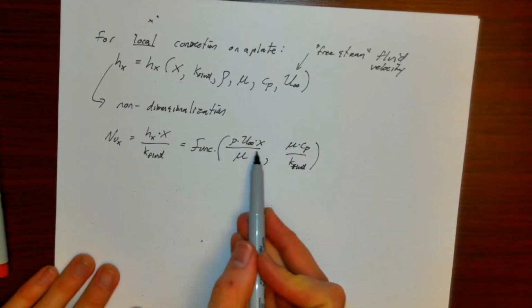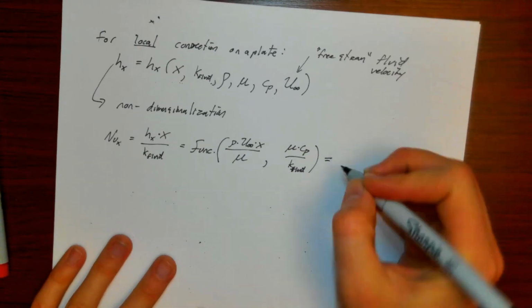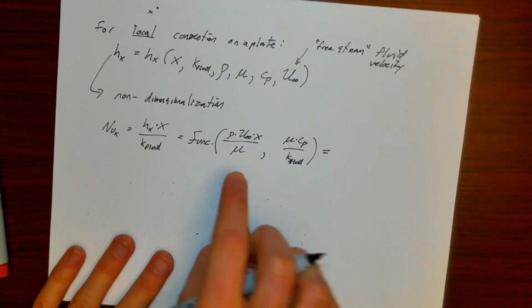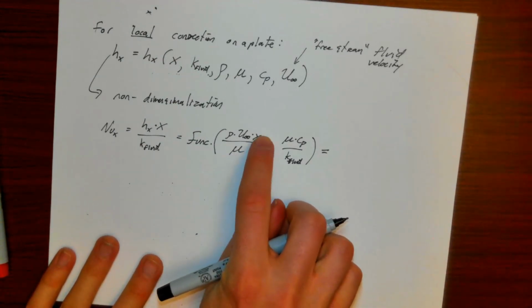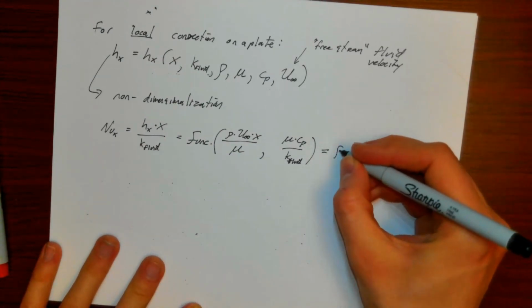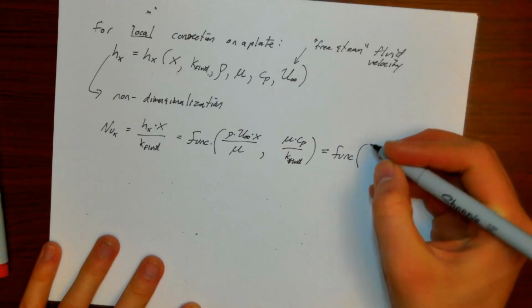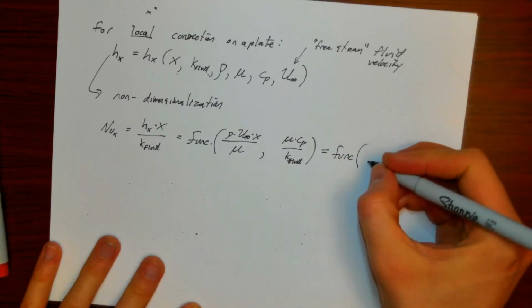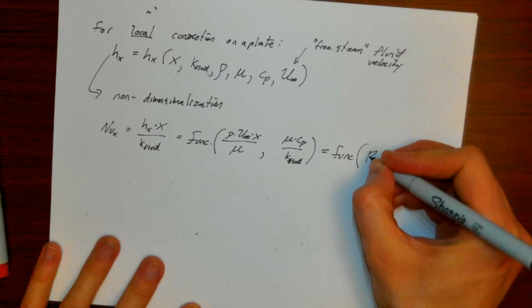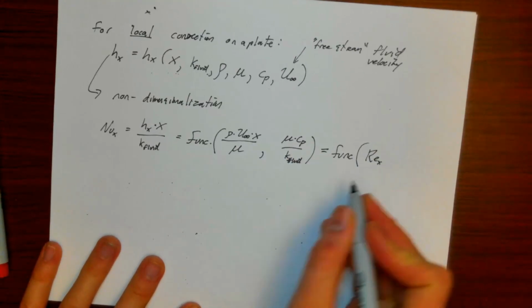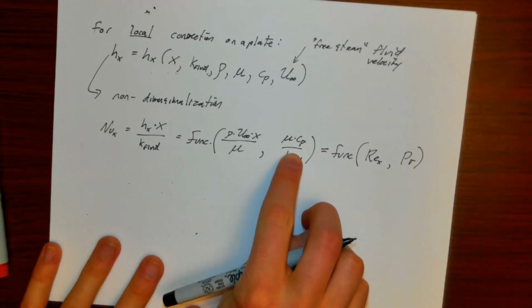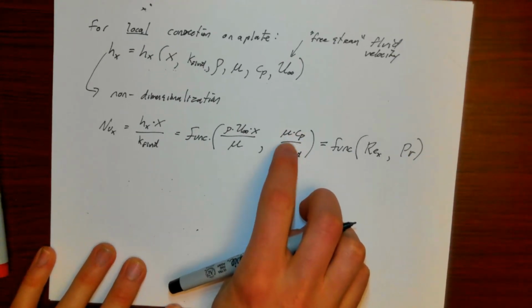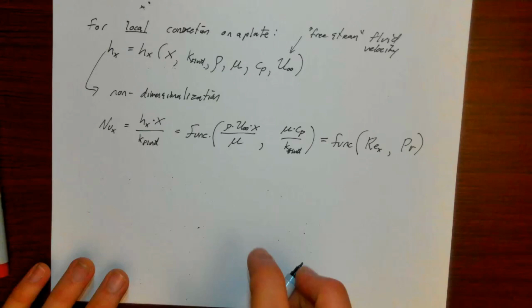And if you wanted to give special names to these things, well, this first one looks a heck of a lot like a Reynolds number. It's not a Reynolds number based on diameter like we've seen in the past, but instead a Reynolds number based on x. So this Nusselt number is going to be a function of Reynolds number with x as the length scale, and the Prandtl number, defined exactly as before, which turns out to be a function just of the fluid properties.